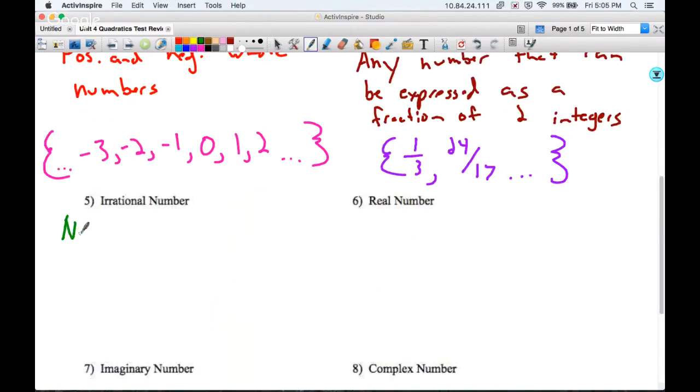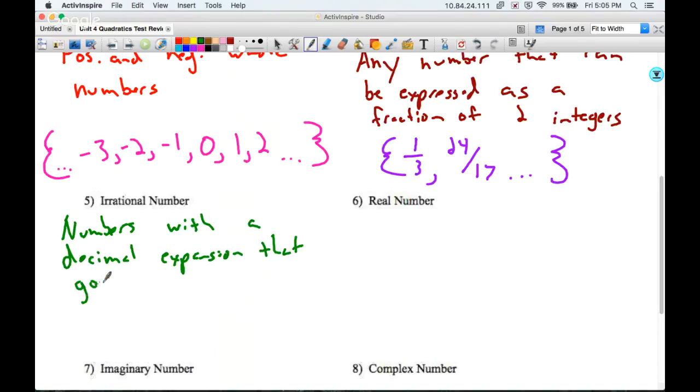These are numbers that have a decimal expansion that goes on forever and never becomes a pattern, we'll say.